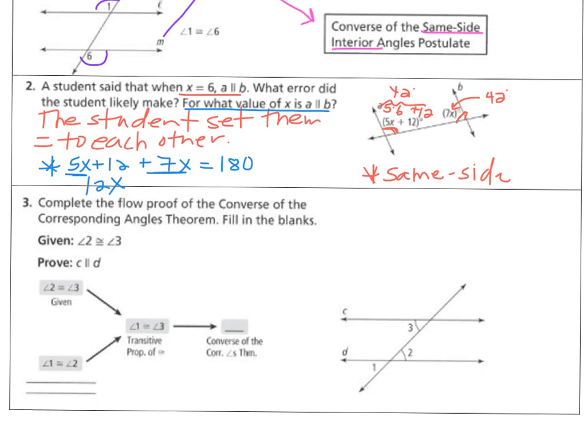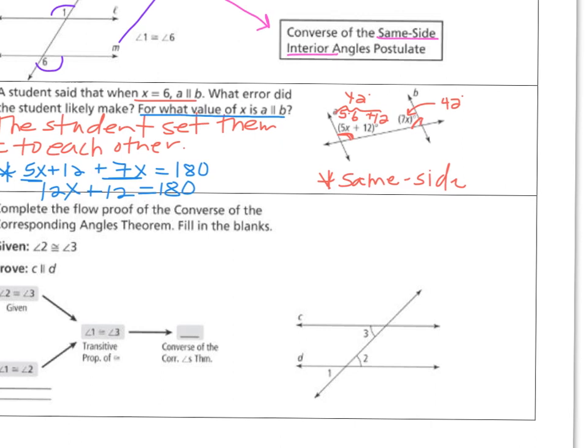So we have 12x plus 12 equals 180. So I'm going to move this over here to the right side of the parallel lines. 12x plus 12 equals 180. I'm sorry there's not enough room here.